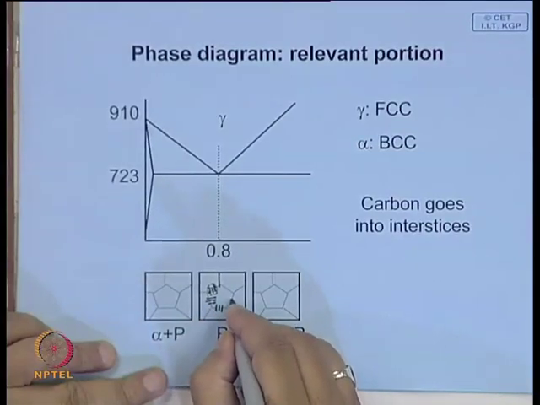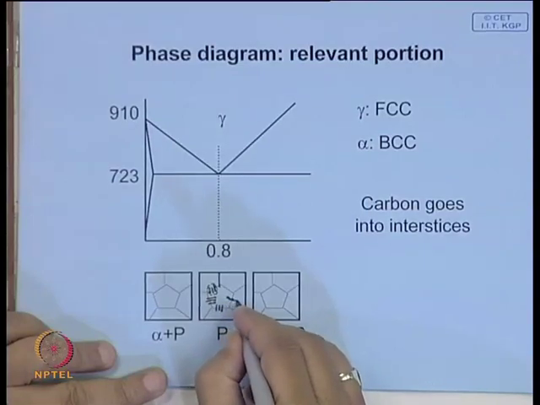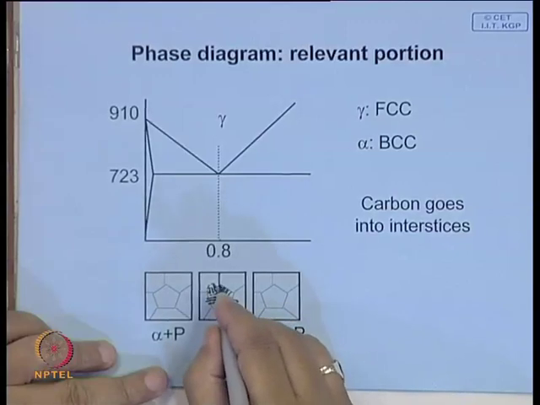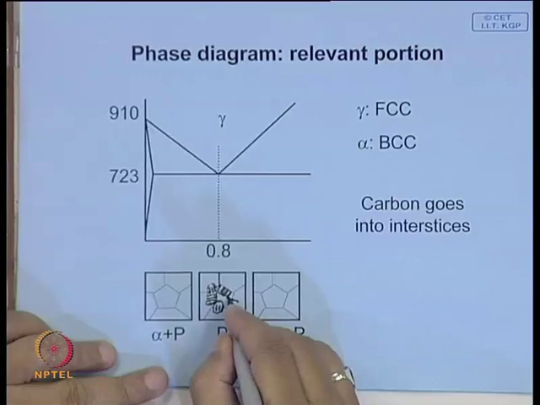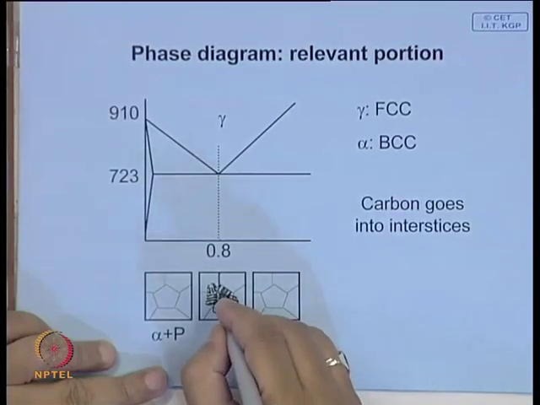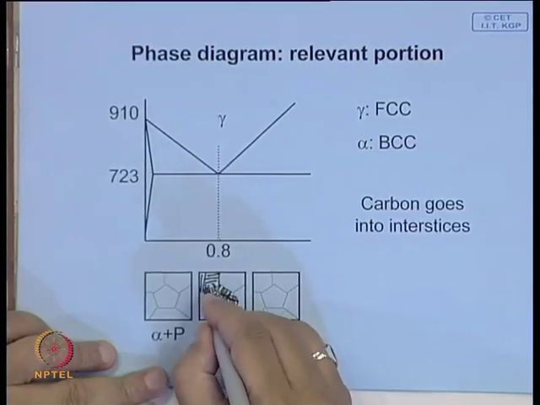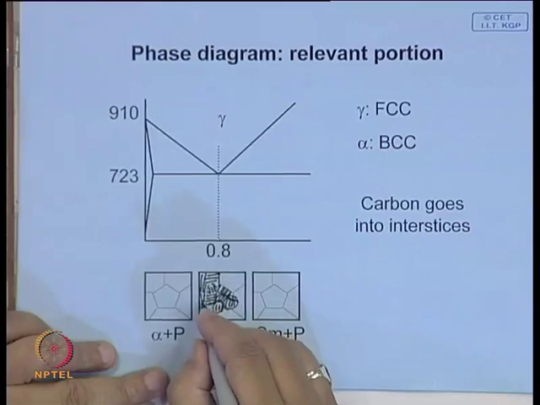So, when a cementite plate develops here, it can also develop in the austenite grain on the other side, and both will grow parallelly. So, within one grain you may find several nodules of pearlite, which are made up of alternate layers of ferrite and cementite.